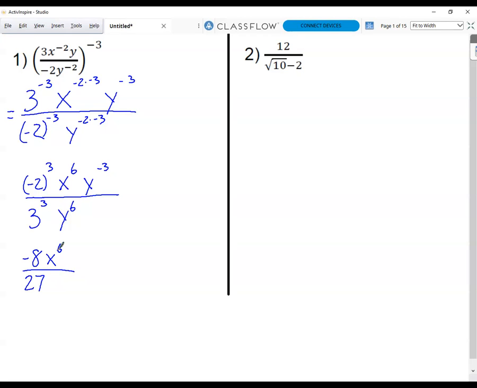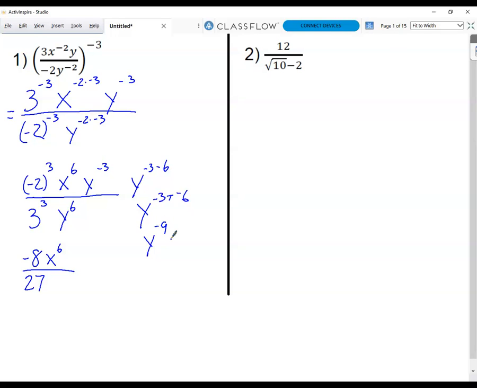You can do this in 2 steps if you want, because just a note here to the side. To find what y is, you take y to the negative third, since it's division, minus 6, which is the same thing as y to the negative third plus negative 6, which is y to the negative ninth.